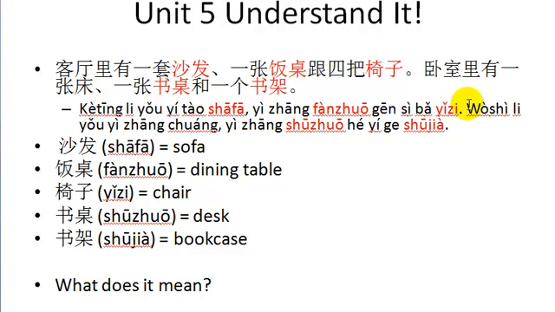Okay, so the individual then goes on to explain what there is. 客厅里有一套沙发，一张饭桌跟4把椅子。卧室里有一张床，一张书桌和一个书架。 Okay, so I've listed all of the furniture items that are here.